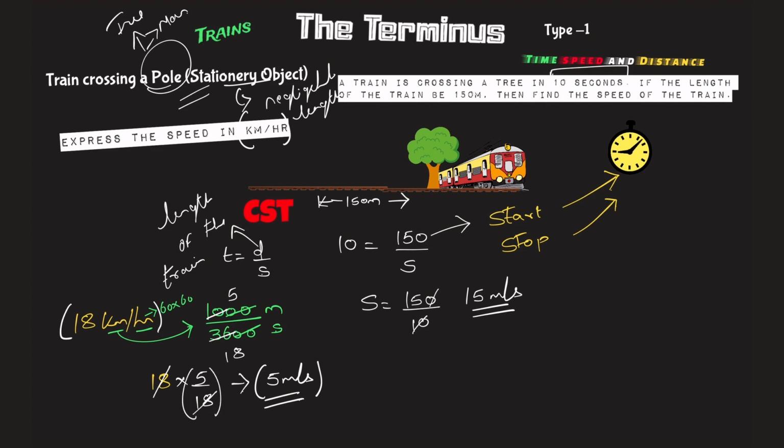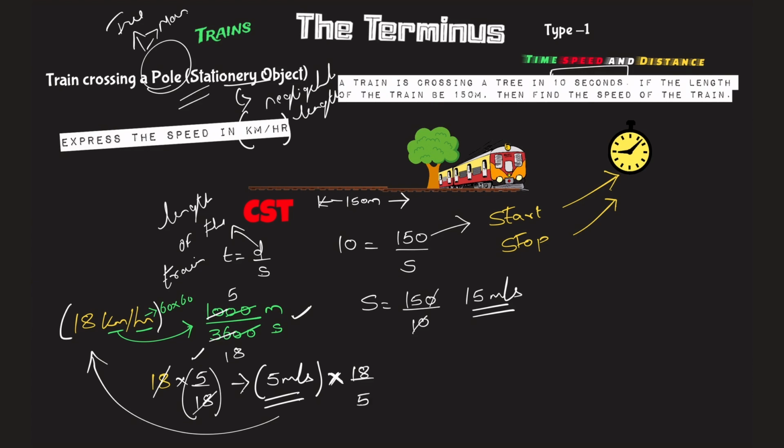As simple as that. No need for writing all this every time, because in the next problems I'll have to convert kilometer per hour to meter per second or meter per second to kilometer per hour many times. So just remember, multiply by 5 by 18 to convert from kilometer per hour to meter per second. And in case I'm asked the reverse, meter per second to kilometer per hour, I need to go back from here to here. What will I do? Multiply by 18 by 5.